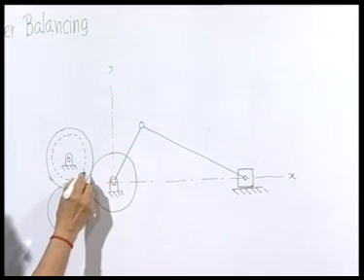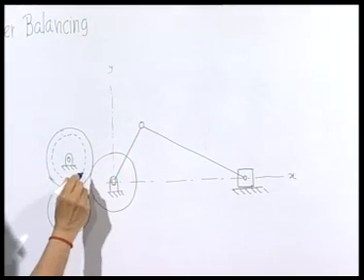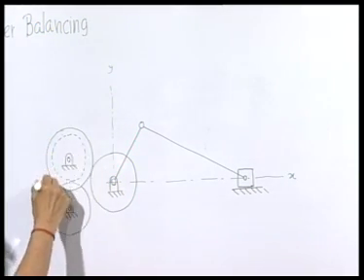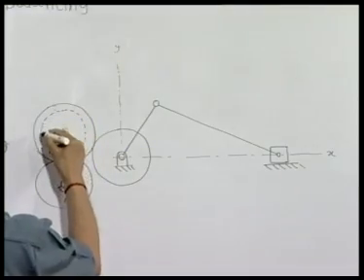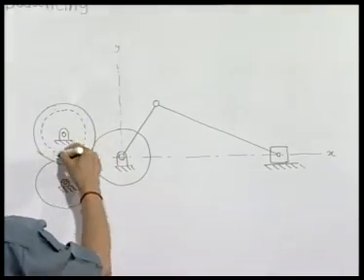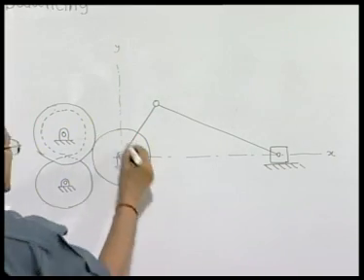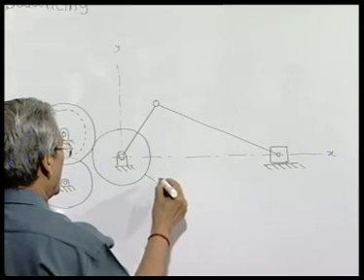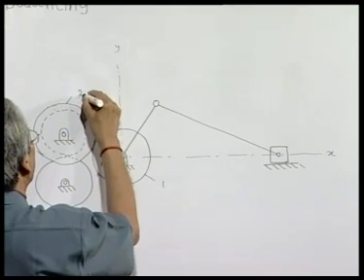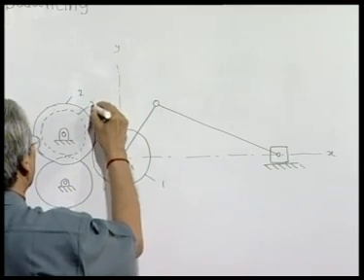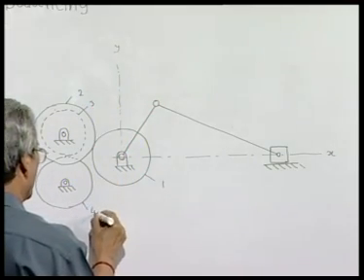We have connected an identical gear with this, which is again a composite one with a smaller gear attached to it directly. So, if this is gear 1, this is gear 2, this is gear 3, this is gear 4.